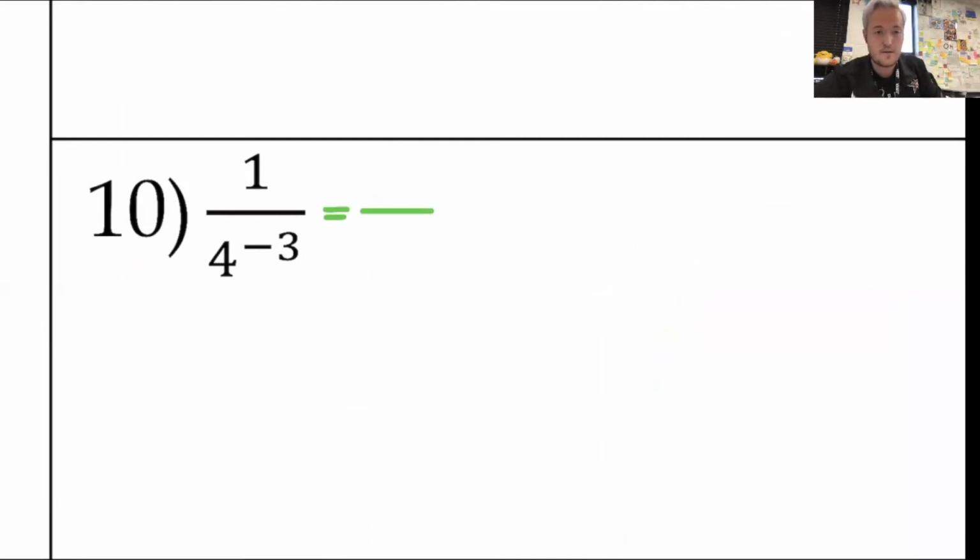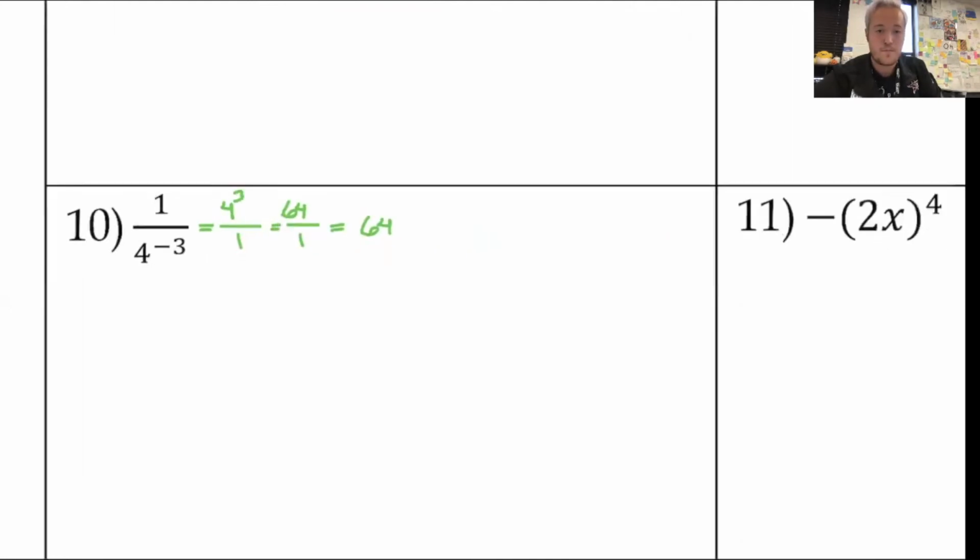So because it's negative exponent, you have to switch it up to the top. So 4 to the 3rd power over 1. So 4 to the 3rd power, it's going to be 64. 4 times 4, 16. 16 times 4 is 64 over 1, which means this final answer is going to be 64.